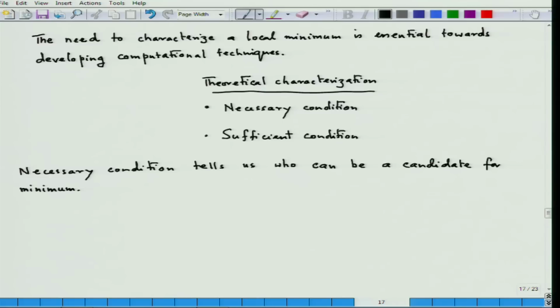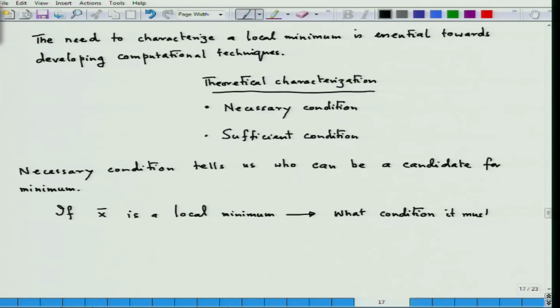So, the necessary condition will do this: if x bar is a local minimum, what condition must it satisfy? It means a point which does not satisfy that condition cannot be a local minimum.